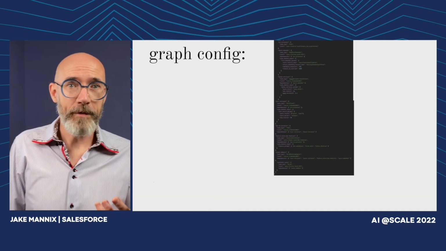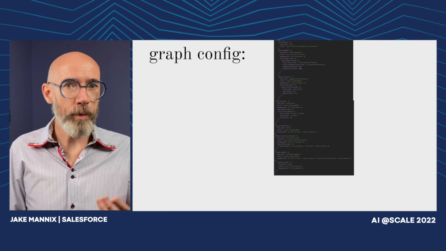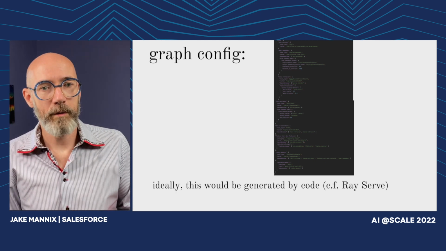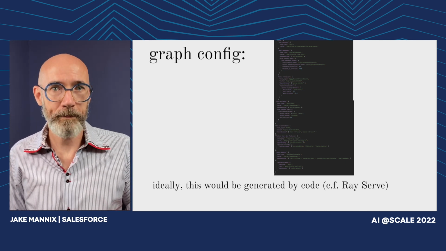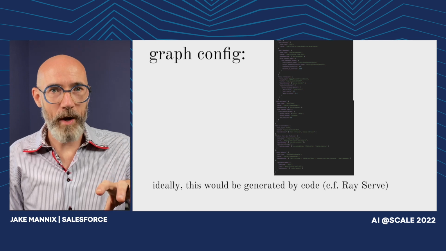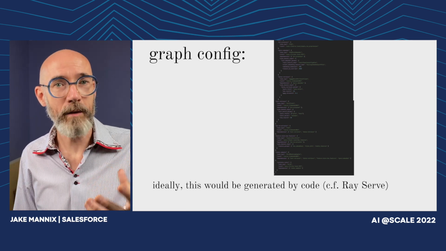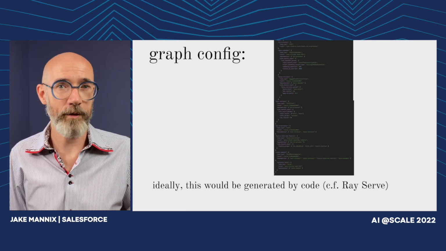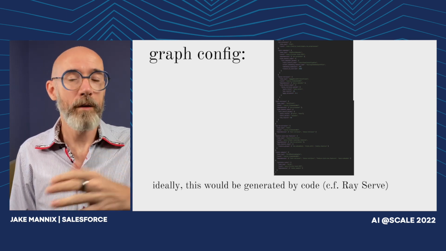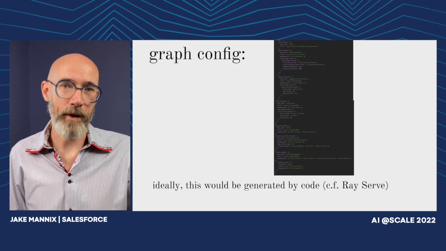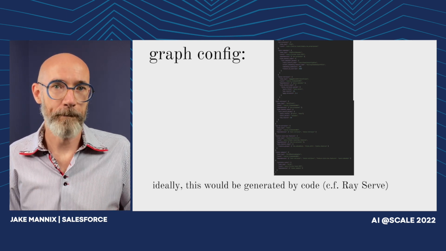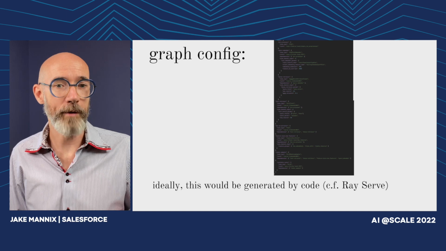This graph config is error prone to write, and in an ideal world, this would be generated by code. You'd have a Python DSL where you specify this is the inference DAG that your application needs to execute. And when you hit compile, it stores this config as a representation of what your application needs to do at inference time.